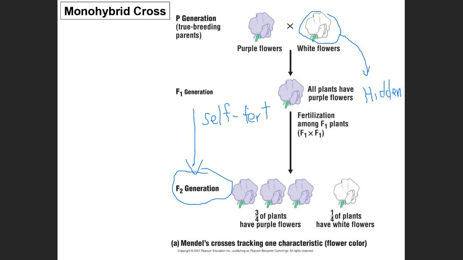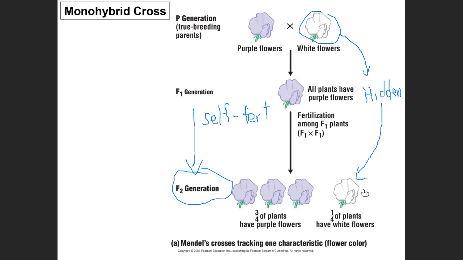And how did he prove it was hidden? Well, it's when he took these F1 plants and allowed each one to self-fertilize itself, producing the F2 generation. He allowed each individual F1 offspring to self-fertilize and produce thousands of plants.